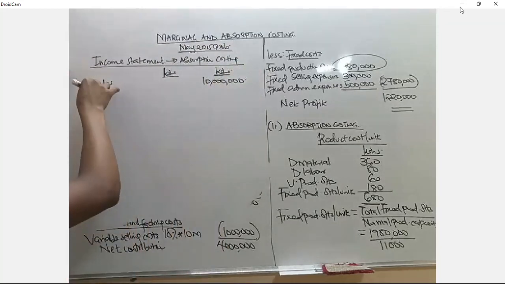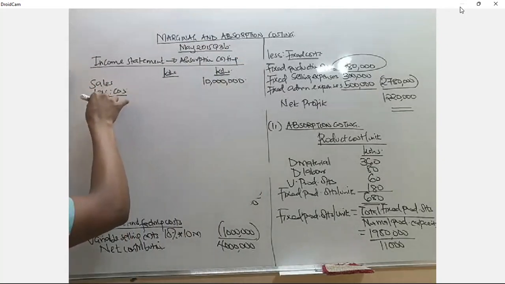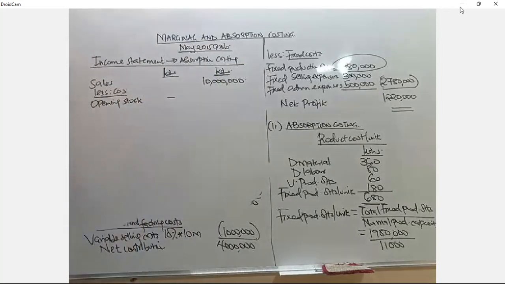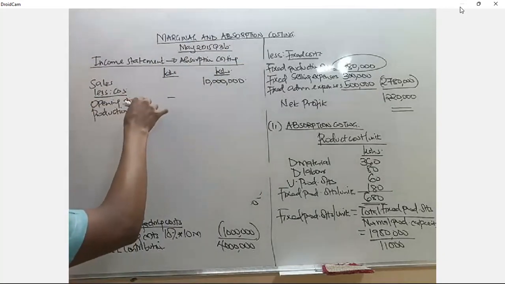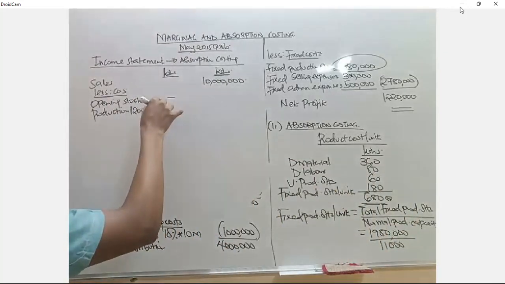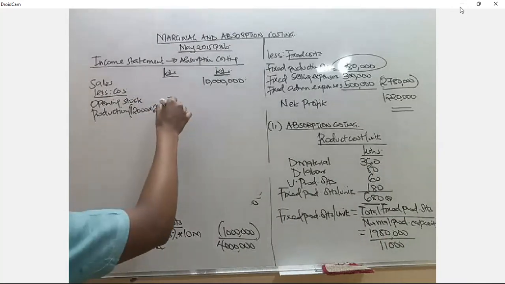Let us go to the cost of sales. We start with the opening stock, which is not there. We don't have the opening stock, but we go to the production. We produce 12,000. Then the cost per unit now turns to be 680. So 12,000 times 680, you are getting 8,160,000.